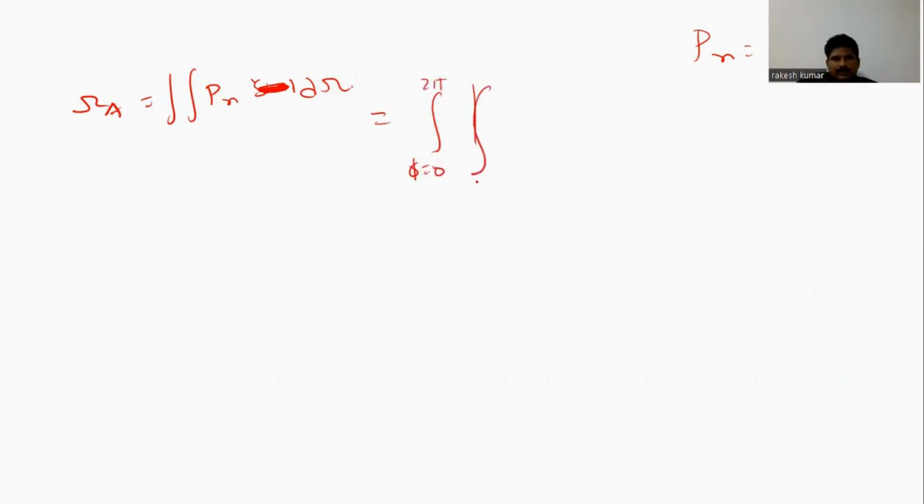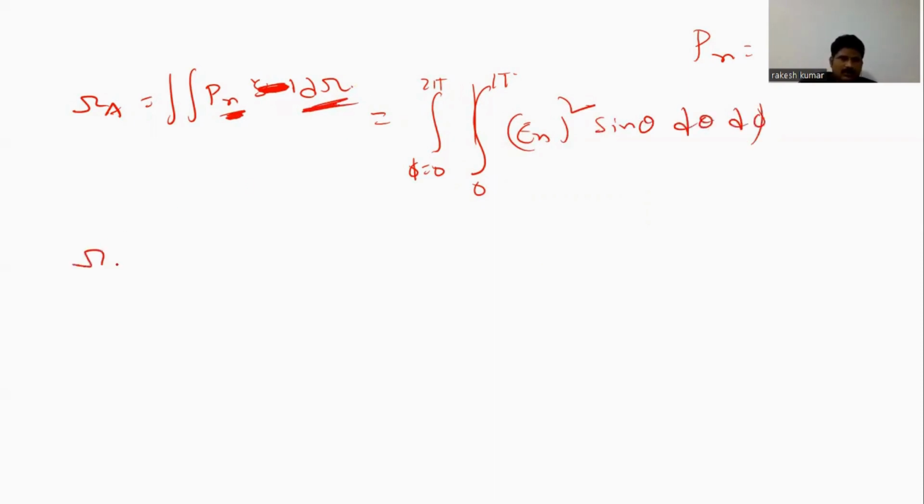Therefore, sigma A is equal to the integral of the power pattern times d sigma, but the power pattern can be written as the electrical field whole square. So this can be written as the integral with phi from 0 to 2 pi and theta from 0 to pi. In place of P, I am writing the electrical field, En squared, into d sigma, which is sine theta d theta d phi.